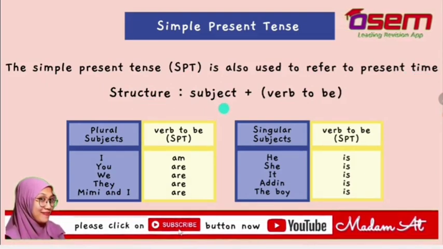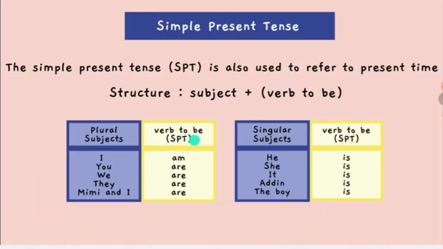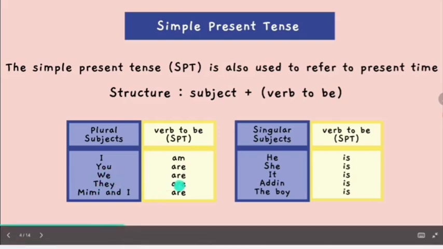Structure: subject plus verb to be. The verb to be in simple present tense depends on its subjects. For plural subjects, the verb to be is always are. For example, you are, we are, they are, Mimi and I are.